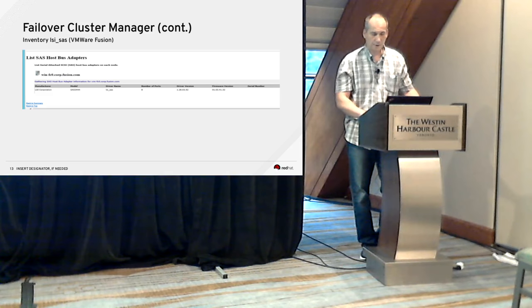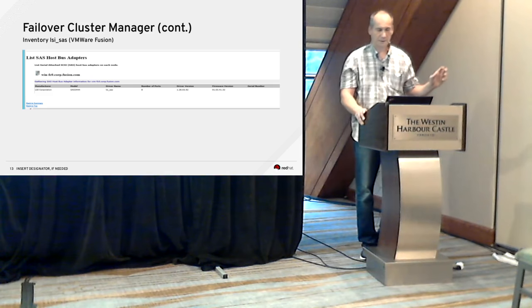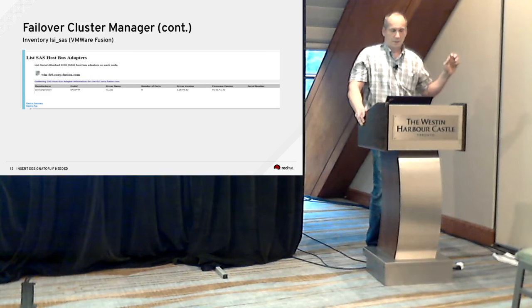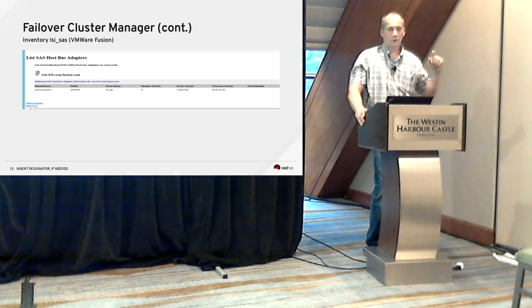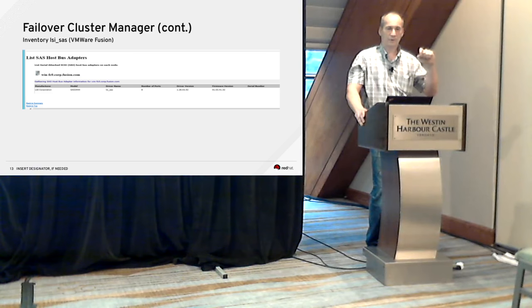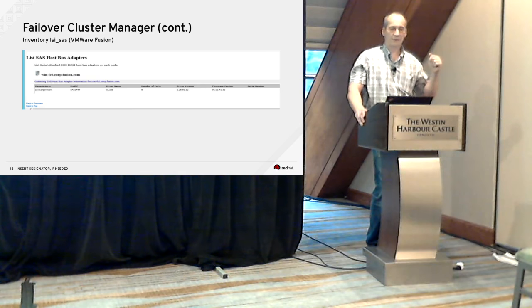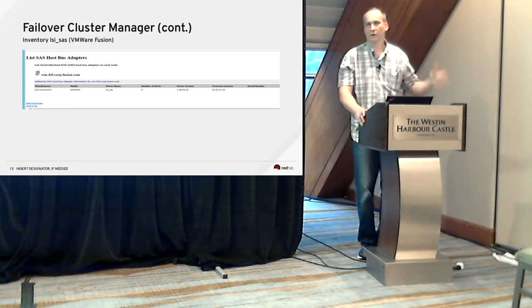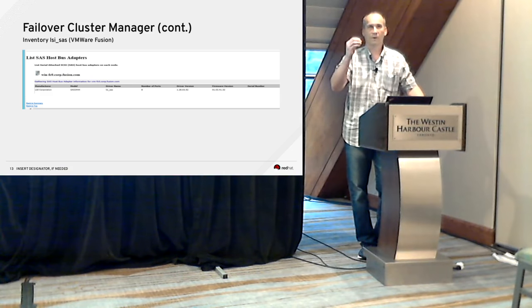The funny thing was that we tried to trace all requests coming from this validation cluster manager, at the moment when we run this application, all requests coming to our driver. And the interesting thing was that no SRBs, no IOCTLs were coming to our driver.